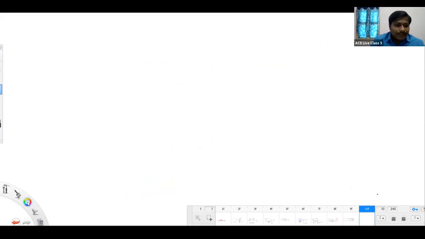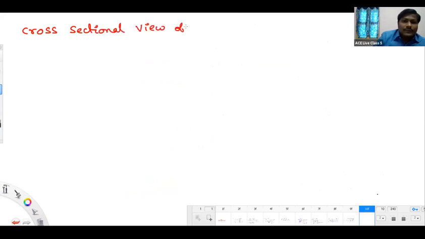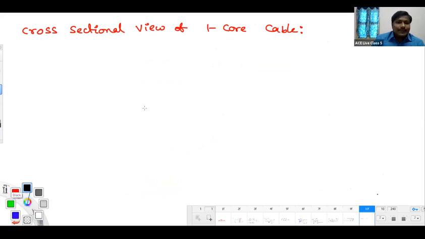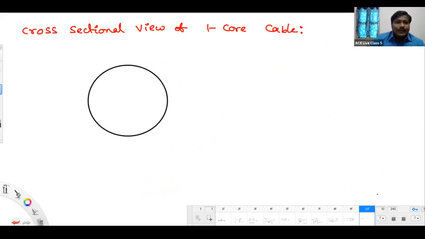So now what I am going to take here is the cross-sectional view of a single core cable. We are drawing this exclusively for the electrical analysis.